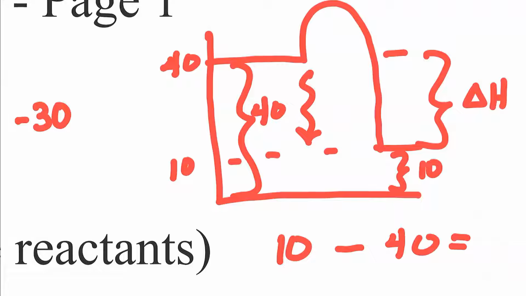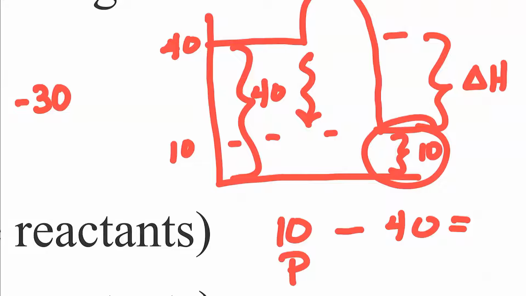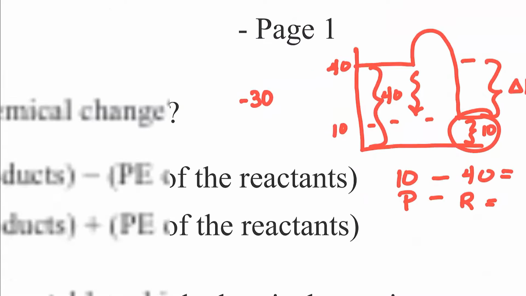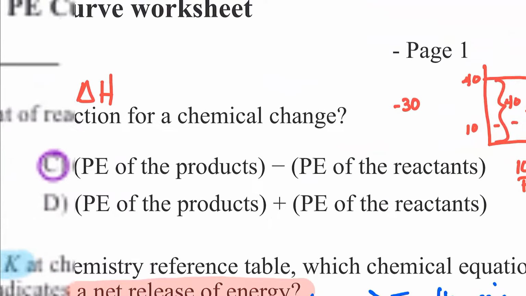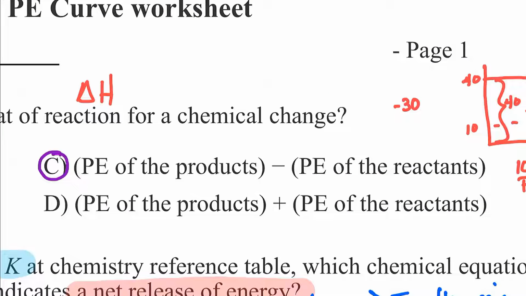It's got to be the sum of the potential energy of the products minus the sum of the potential energies of the reactants. It's the only way we're going to get a sign that's negative, telling us to go down. So the reason why it works is because it's the only way that we get the signs that we need.